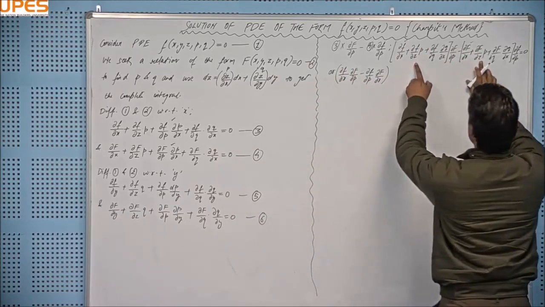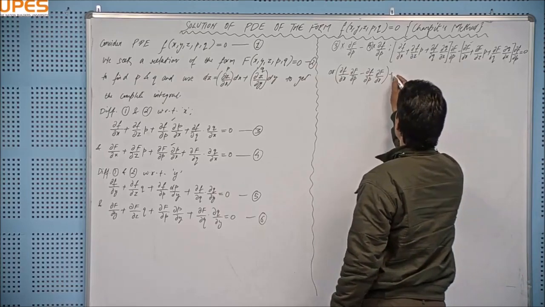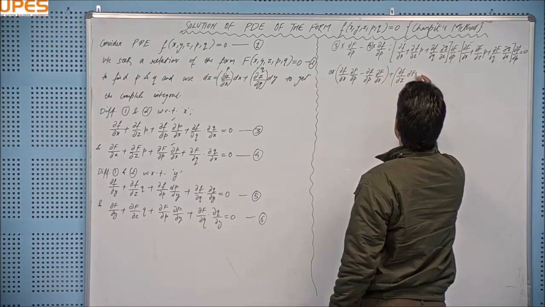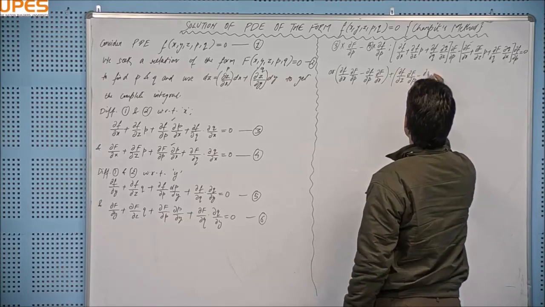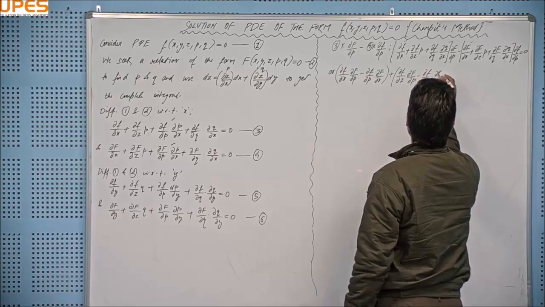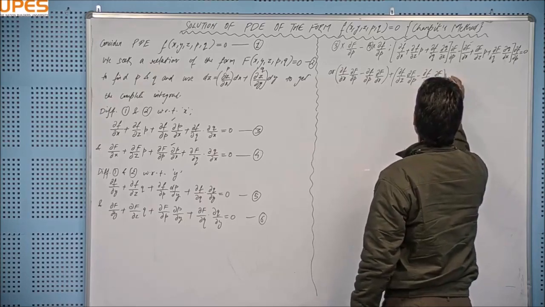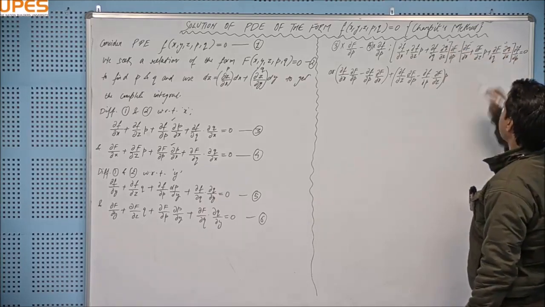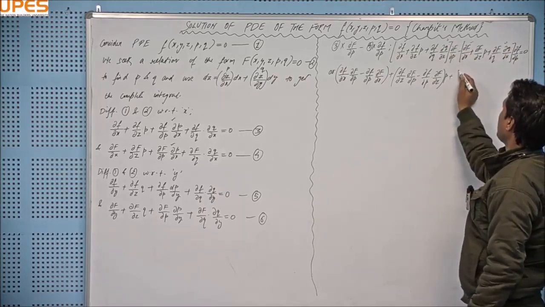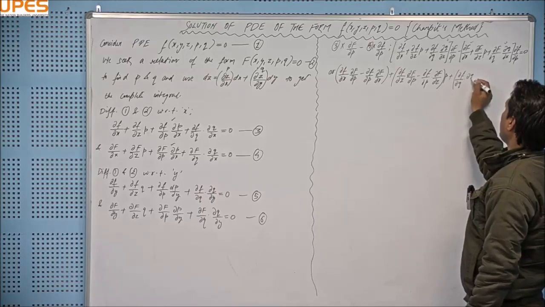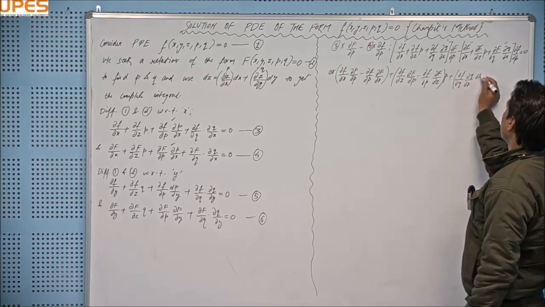Then taking the second term, that will be ∂F/∂z times ∂f/∂p minus ∂f/∂p times ∂F/∂z multiplied by p. And writing the third term, that will be ∂f/∂q times ∂q/∂x.